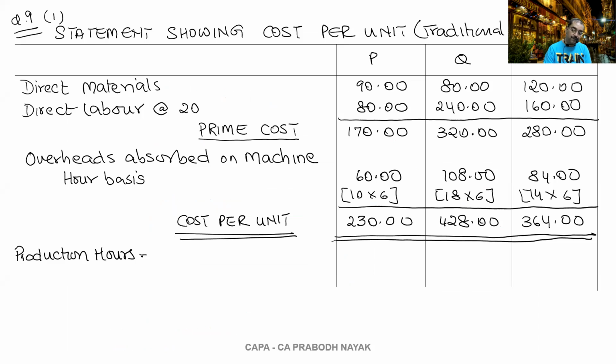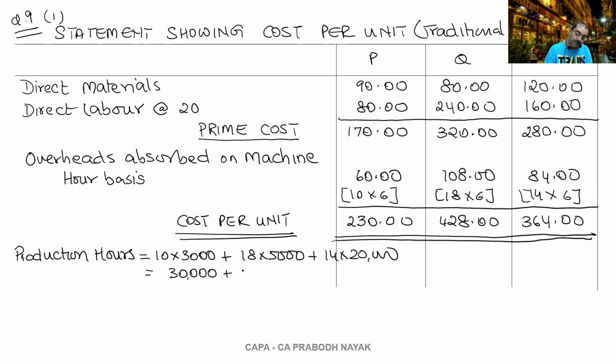Production hours: 10 into 3000 plus 18 into 5000 plus 14 into 20,000. So that is 30,000 plus 90,000 plus 2,80,000.